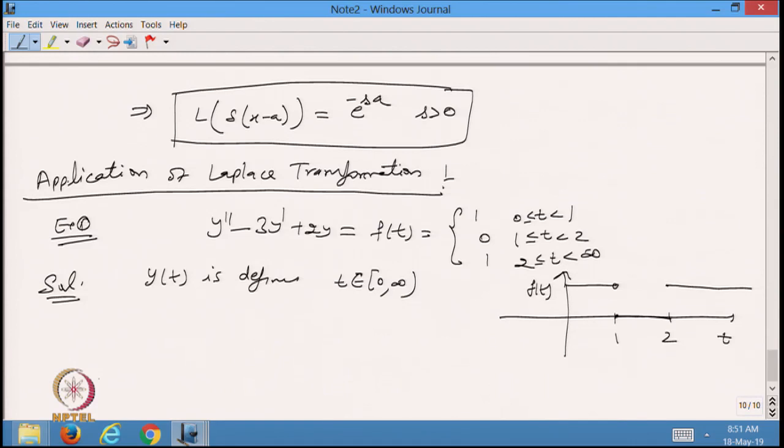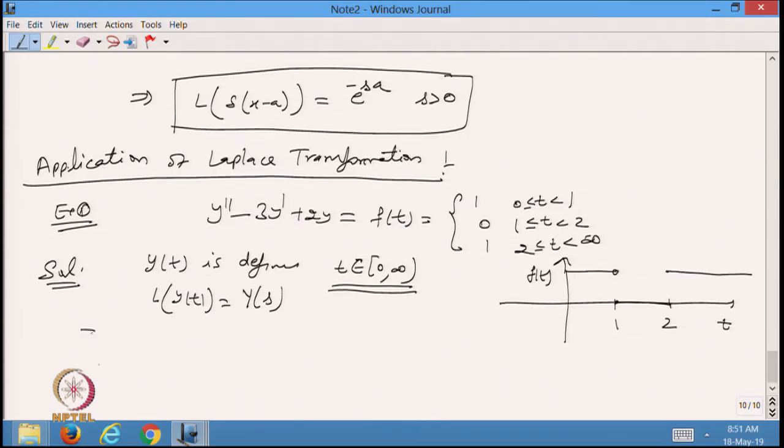The function y t should be well defined and of exponential order for all t from 0 to infinity, because only then can I apply the Laplace transformation. And I also consider that the Laplace transformation of the function y t is y s. So, this one I already assume.